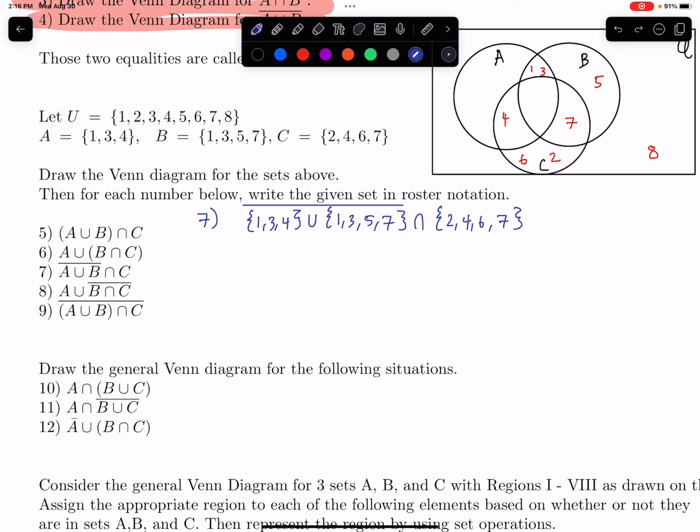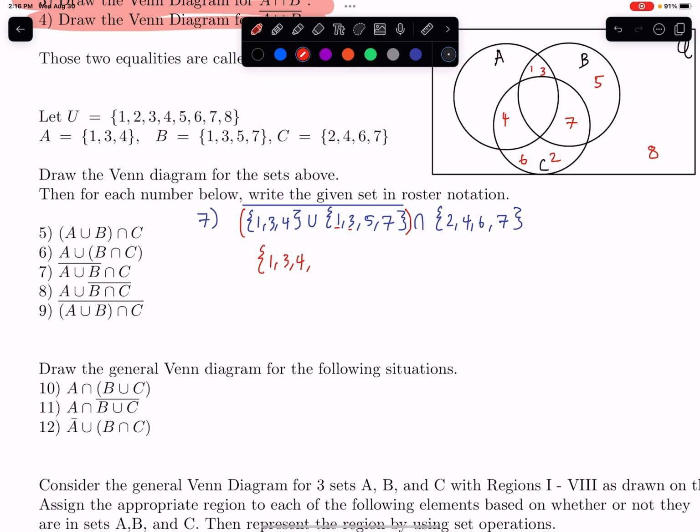Next step is I'm looking for parentheses. I don't have any actual parentheses, but what I do have is a complement over the top of something big. That means there's really an invisible parenthesis underneath that complement. So I'll do that part first for sure. Taking that union, remember what I said, just copy down the left side first and tack on anything you don't have already.